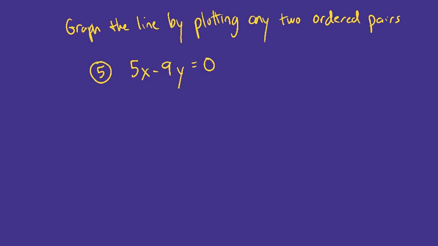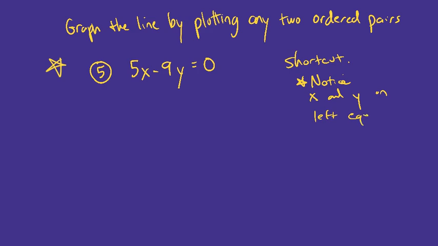Okay, and these next few, the last ones in this section, these are all sort of shortcut ones. But you'll have to notice that x and y on the left, so we've got 5x minus 9y on the left, equal to 0.